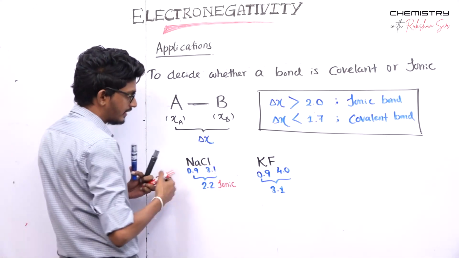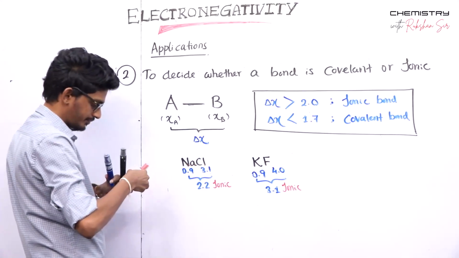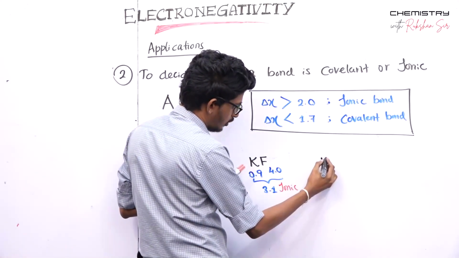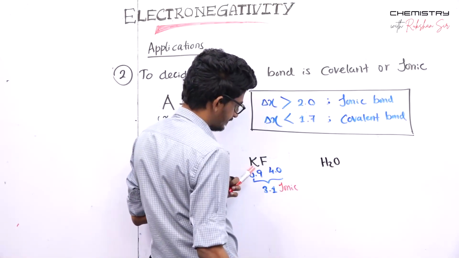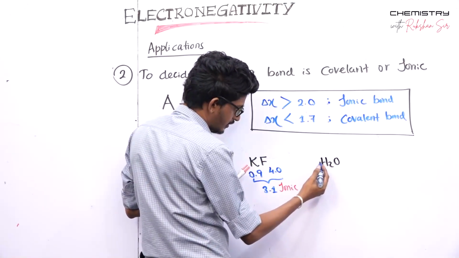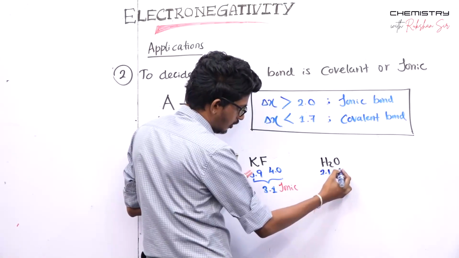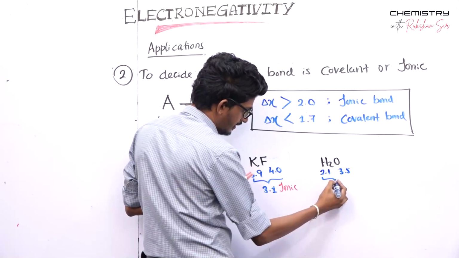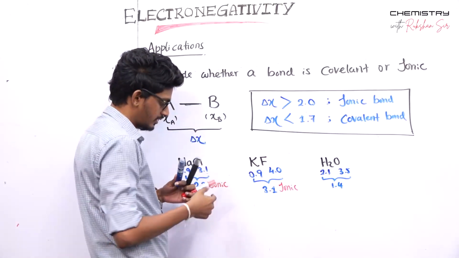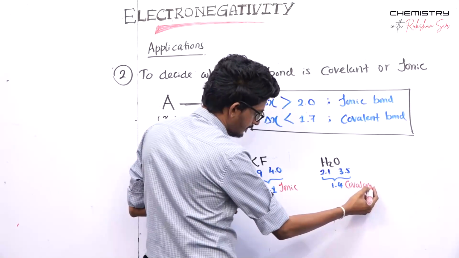Definitely it is exceeding 2 units. It is ionic. Some more. Let's think of H2O. Hydrogen is 2.1, oxygen 3.5. The difference is 1.4 units. It is less than 1.7. So the bond is covalent.